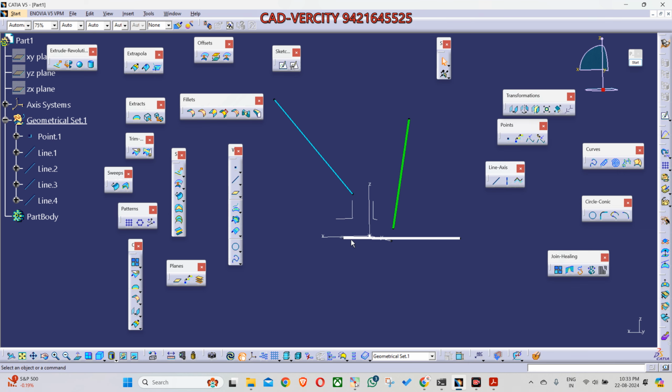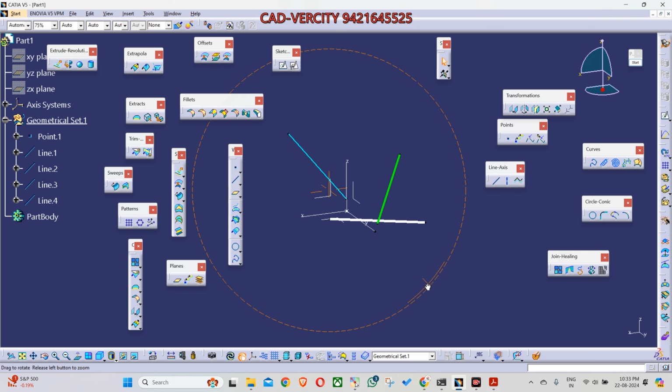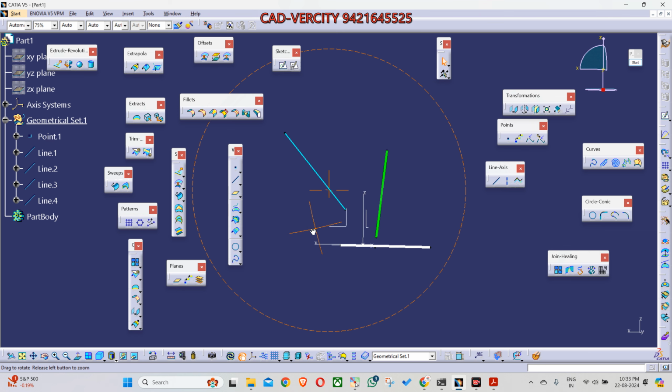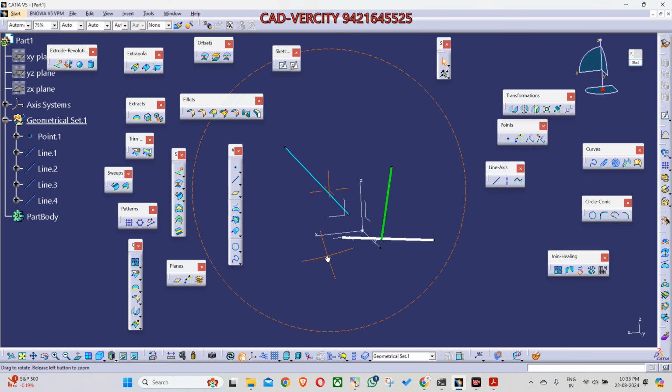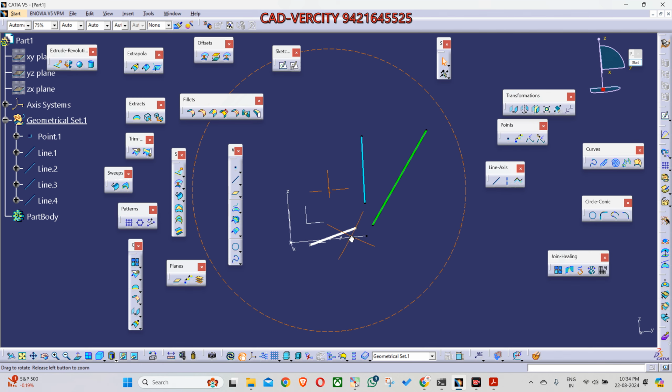White is parallel to XY, sir. Green is parallel to? XZ, sir. Sorry, sir, YZ. Then XZ is parallel to that blue, sir.